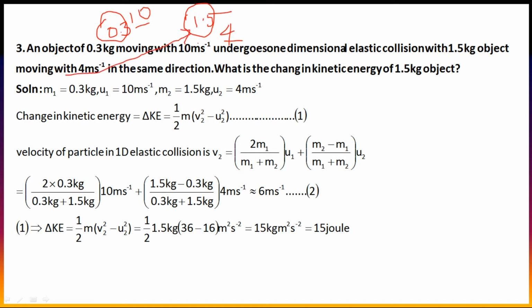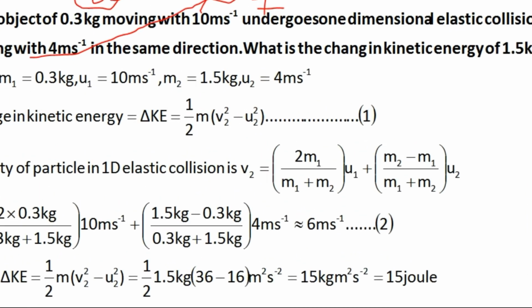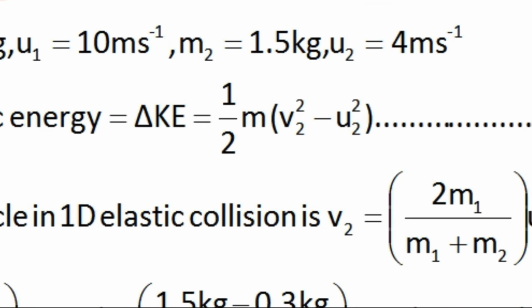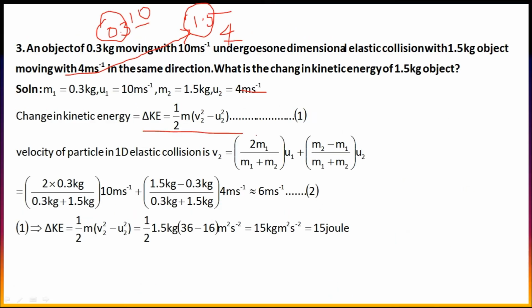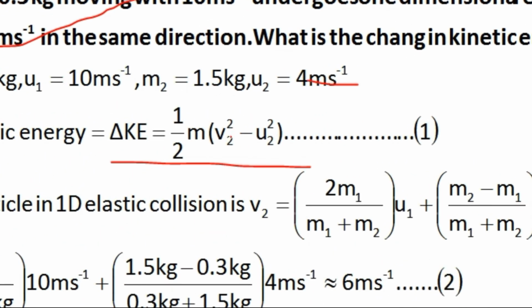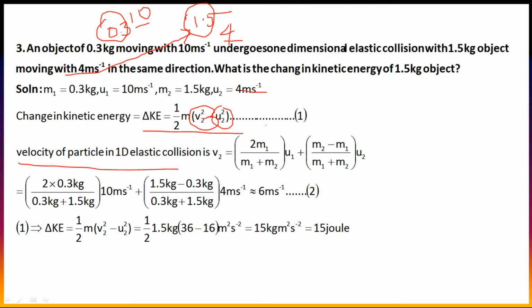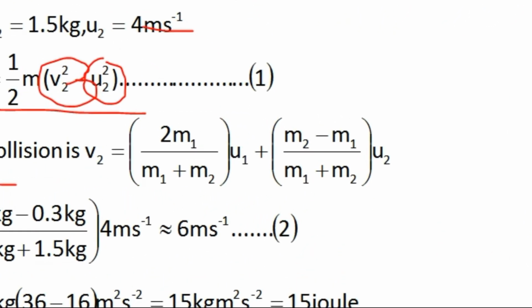The 1.5 kg object has 4 meter per second, and the final velocity is to be calculated. So the final velocity is considered as v2 and the initial velocity of this particle is considered as u2. Now the change in kinetic energy is half m into v2 square minus u2 square, the final kinetic energy of the second particle minus the initial kinetic energy of the second particle. v2, the velocity of the second particle after collision, is 2m1 by m1 plus m2 into u1 plus m2 minus m1 by m1 plus m2 into u2.